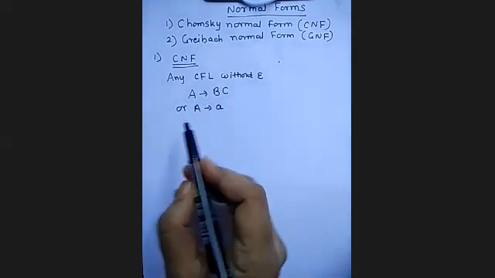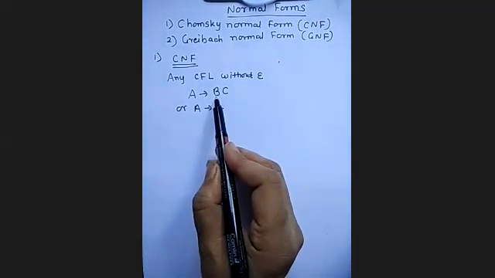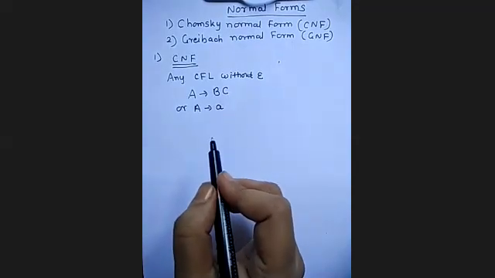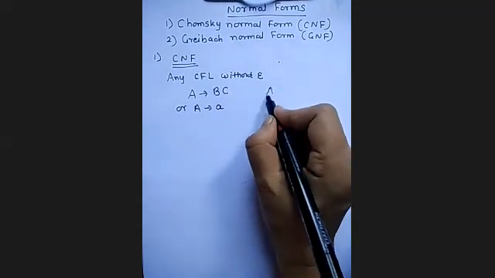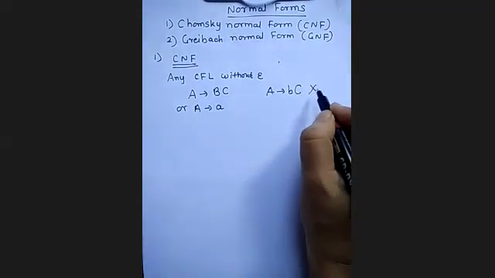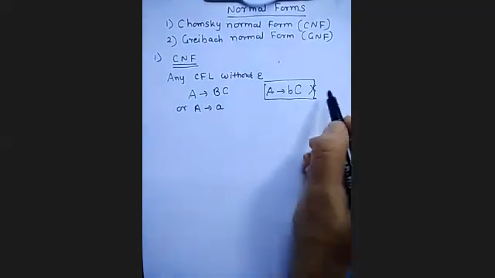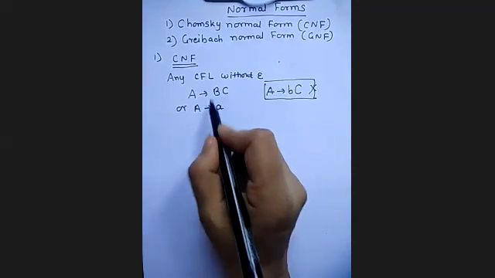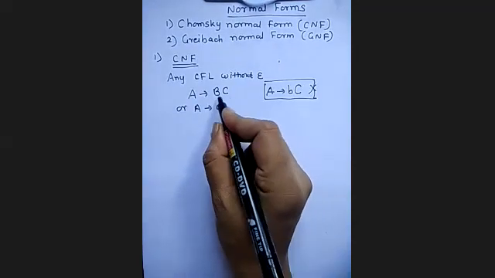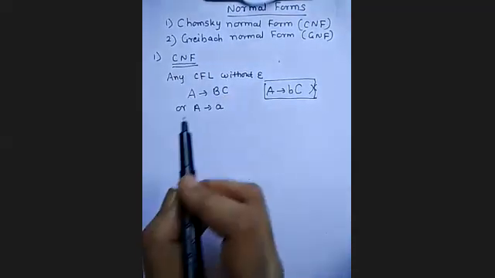So what does this indicate? In case of CNF, on the right hand side, what is allowed? Only two non-terminals or a single terminal. If I am writing A gives small b, capital C, this is not allowed in this form. If this is given, you need to rewrite it so that it is in this form. On the right hand side, only a single terminal or two non-terminals must be there for CNF.